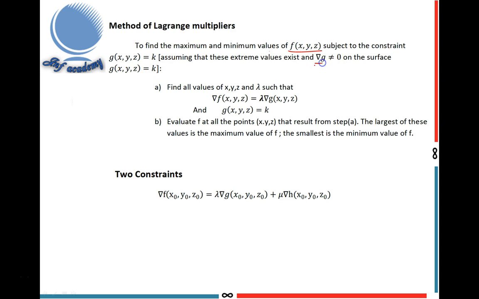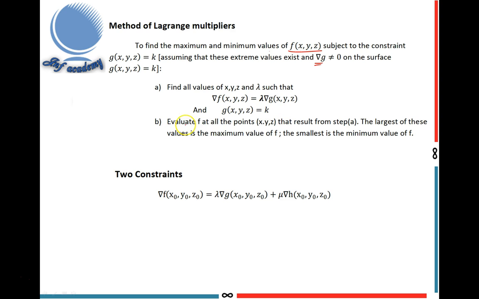Del means gradient. First step: find all values of x, y, z and lambda such that del f equal to lambda del g and g(x, y, z) equal to k.